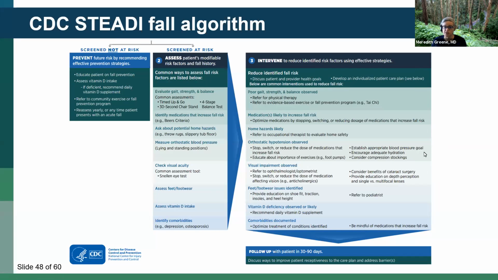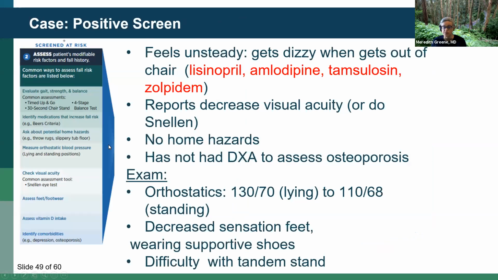Looking at orthostatic blood pressure, looking at someone's environment, or at least asking them about the environment, checking someone's vision, looking at their feet. So again, these are multifactorial conditions, so you need to do assessment of multiple domains. And then you're going to develop your treatment plan according to what you find. So coming back to our case, he says he feels unsteady. So you ask him more what that means.